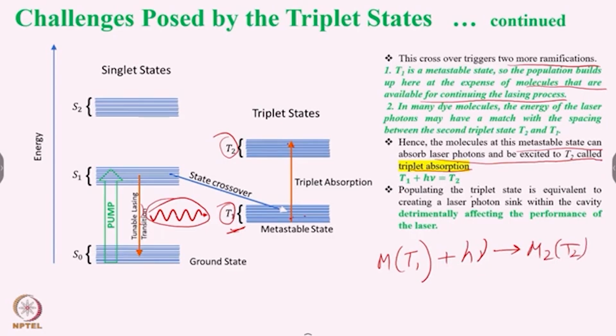Therefore, populating the triplet state is equivalent to creating a laser photon sink within the cavity itself, detrimentally affecting the performance of the laser.